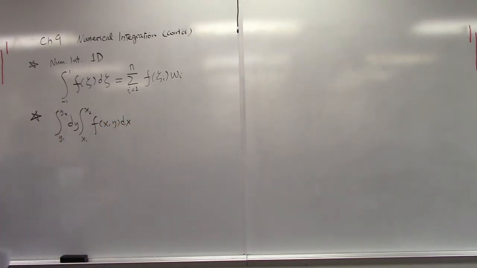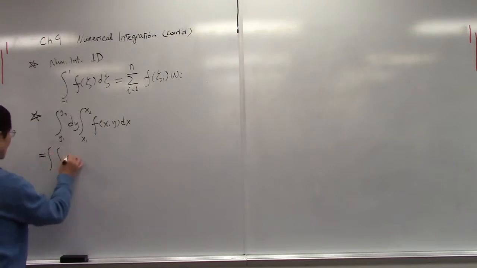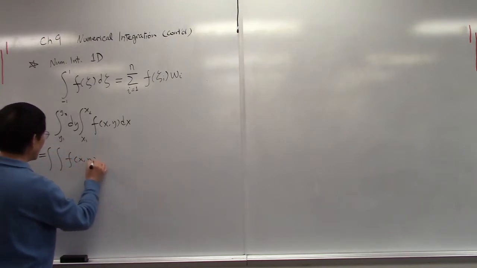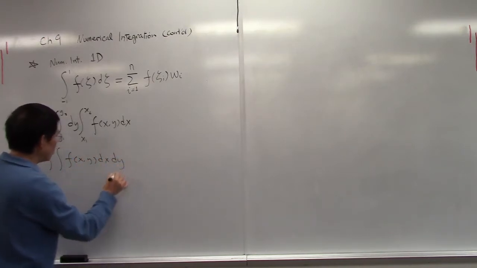I write it this way because there will be no confusion which limit applies to which variable. Okay, this way, this x1, x2 applies to x, and the y1, y2 applies to y. And sometimes people write it this way: f x y dx dy.